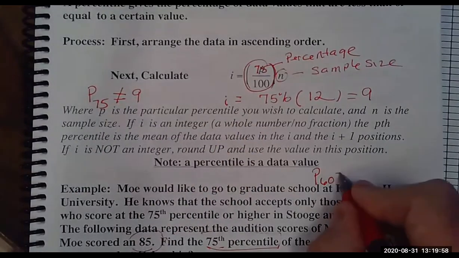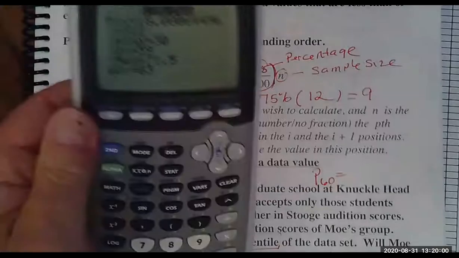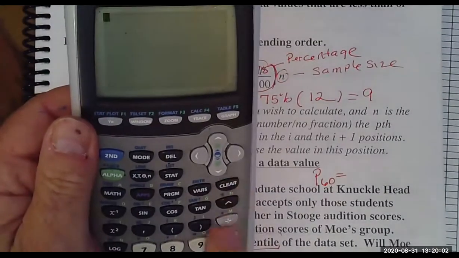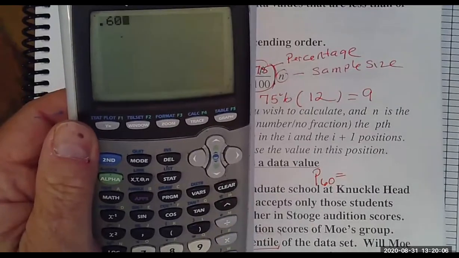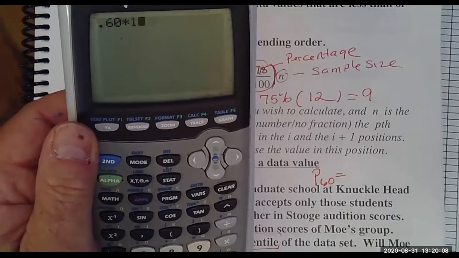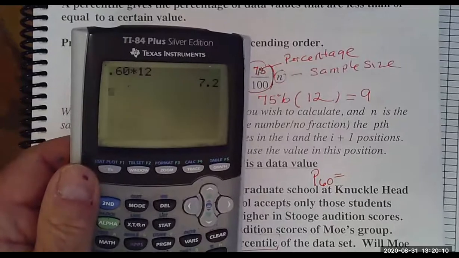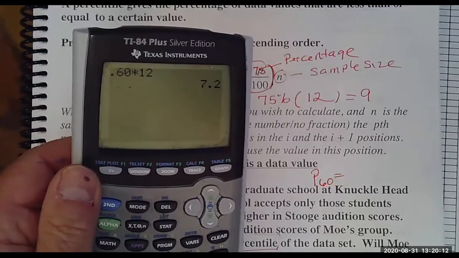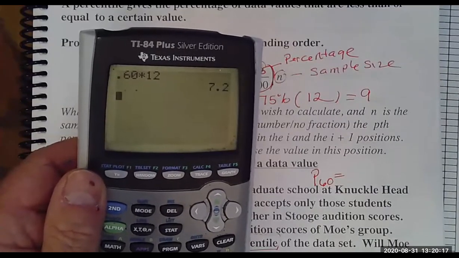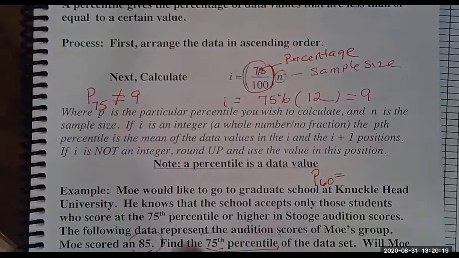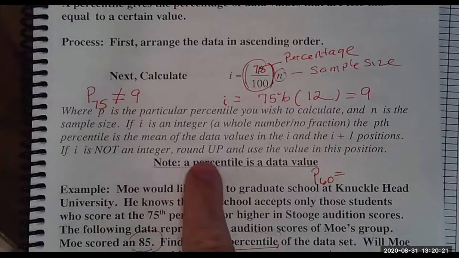I'm looking for this answer. And I'll go 60% times 12. And I'm getting 7.2. Now that's not an integer and that's not a whole number. So it says here, if you don't get that, you always round up.